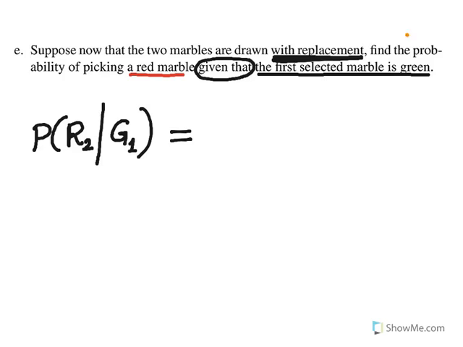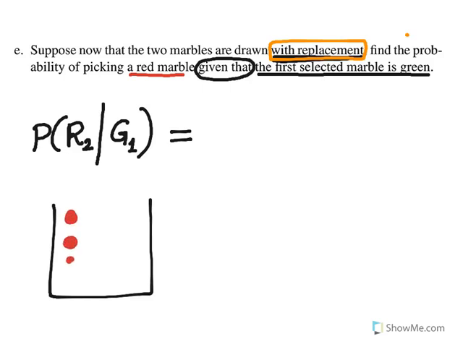But the difference between this and the previous question is that this one is, as you can read here, with replacement. So I will show it to you by drawing the box again. It doesn't hurt to draw the box all the time when you're solving the question, because it makes it easier for you to understand. So again, 4 and 3. And what's given to you is that when we drew first, we got a green marble.